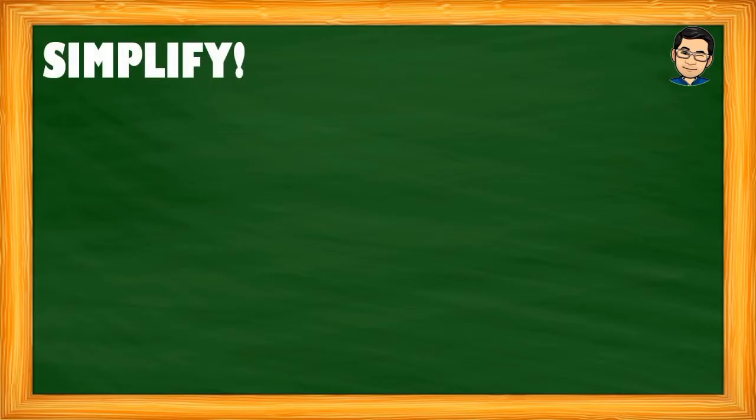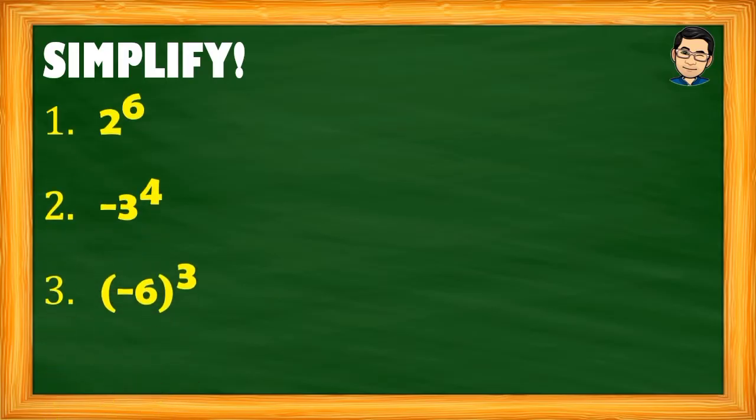So, for you to be able to understand exponent tsaka yung base, let's have examples. Let's simplify. Number 1, 2 raised to the 6th power. 2 raised to the 6th power is not the same as 2 times 6.